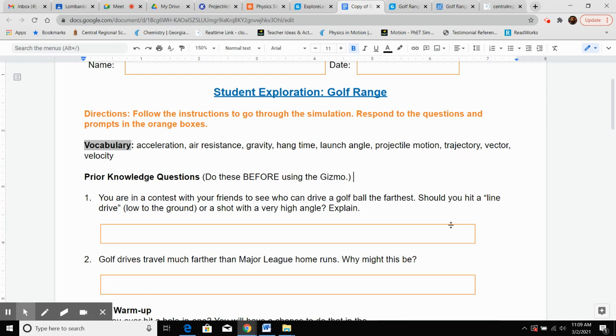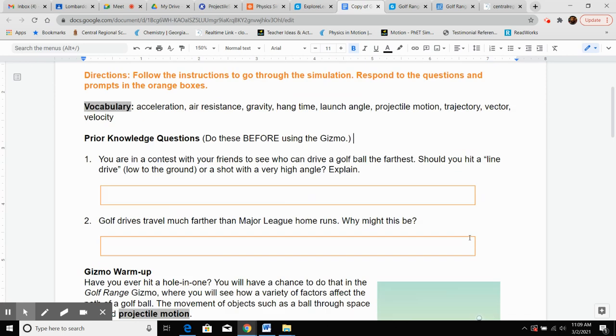So after you guys have answered number 1, think about number 2. Golf balls will be able to drive much farther than major league home runs. Why might this be? So again, based off of your knowledge, which of the 2 is lighter?